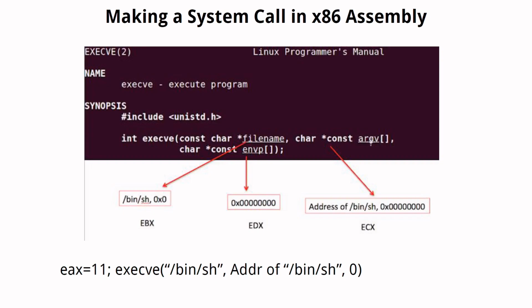The first one is still the name, so it will be the address of /bin/sh again. Then the third argument is the environment variable. You don't have to provide that. In this case, we don't provide it, so we just give a 0, null bytes there. So that's how we make this execve system call.